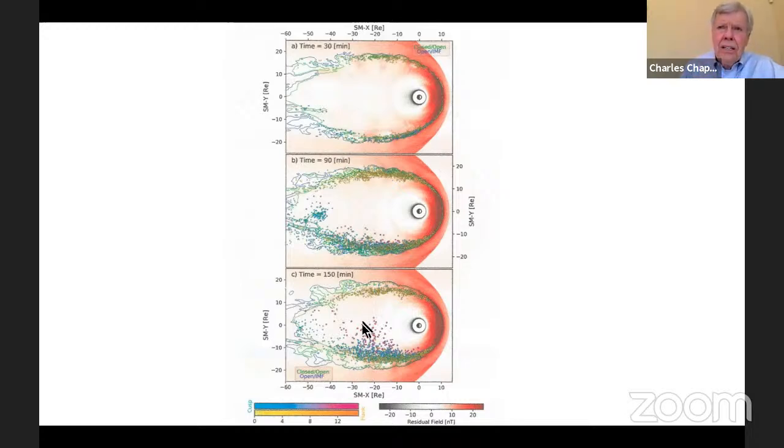So in contrast, the ions coming out of the lobes, because they're very close, can get into the plasma sheet in 10 to 20 minutes. Whereas for particles that come from the solar wind, it can be up to 2.5 hours. So the ionosphere is in a favorable position because it's close, in the lobes.